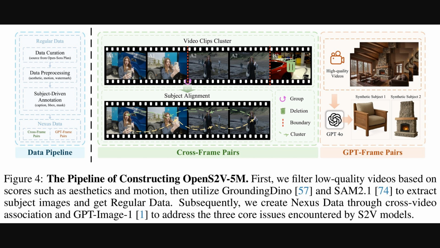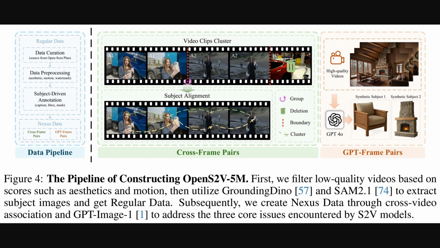This involves data curation, sourcing from the OpenSora plan, followed by data preprocessing, where they filter for aesthetic quality, motion, and check for watermarks. Then, there's subject-driven annotation. For this, they use tools like Grounding DINO, which is a model that can detect objects in images based on text descriptions, and SAM 2.1, another model that precisely outlines these identified objects by creating masks.